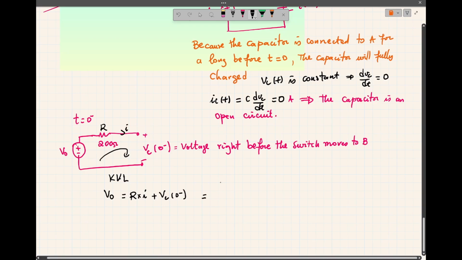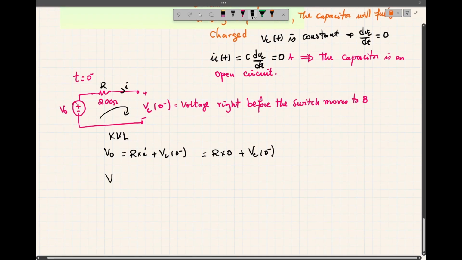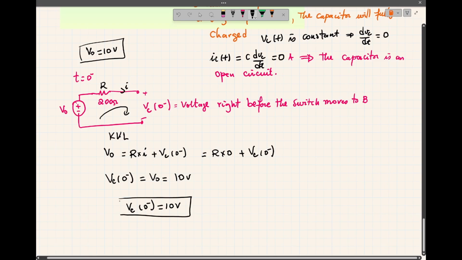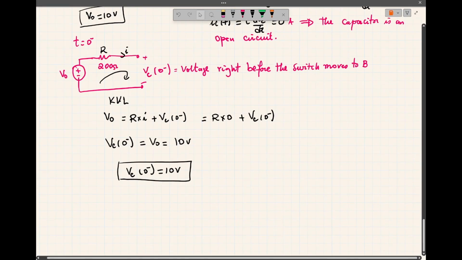The current is equal to 0, so R times 0 plus the voltage across the capacitor right before we move the switch, so Vc of 0 minus equal to V0. Let's say V0 is 10 volt. So Vc of 0 minus equal to 10 volt. That's the voltage across the capacitor before the switch is moved.